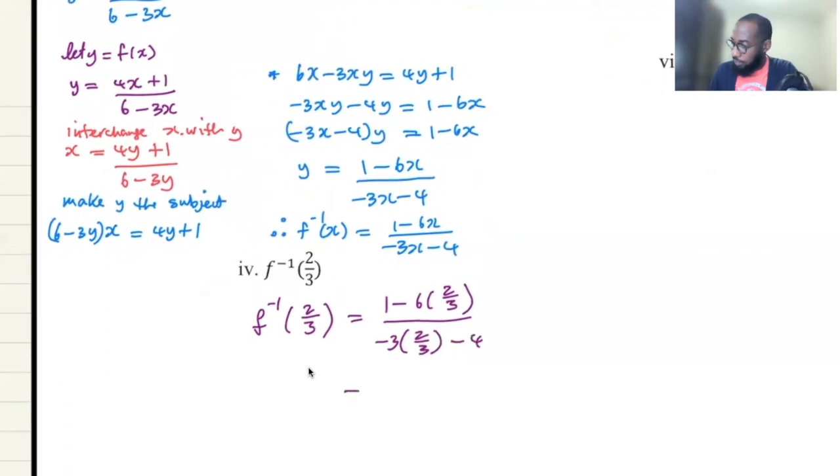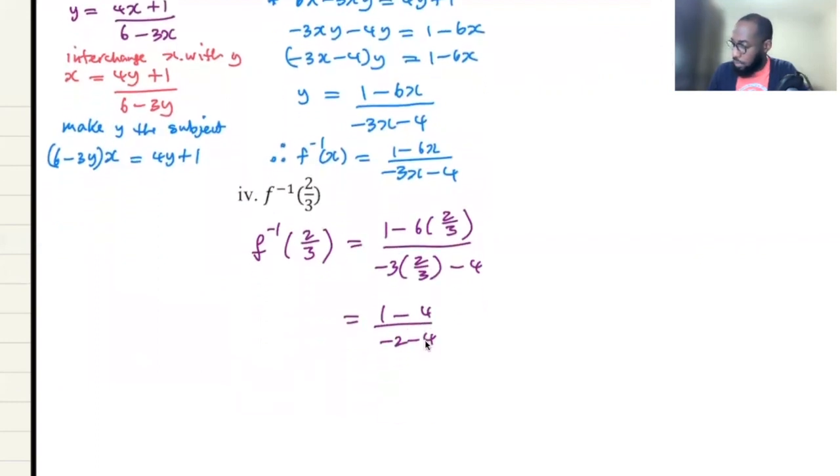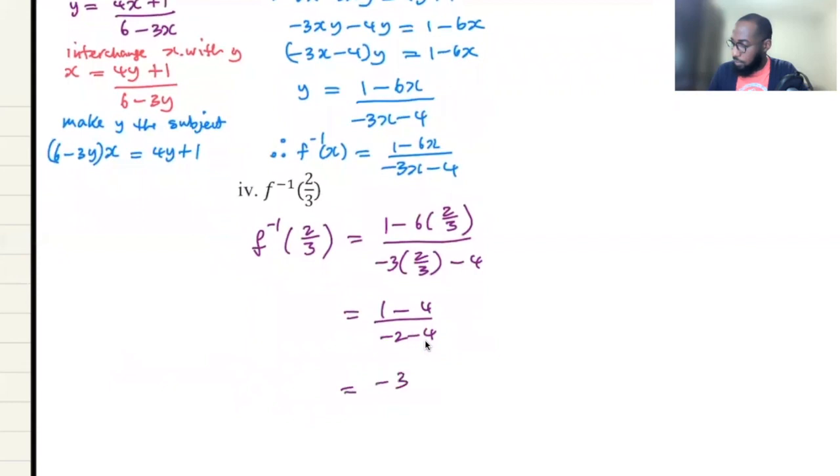If I simplify that, 1 minus, 3 into 6 is 2, 2 2s are 4, divided by -2 minus 4. I'll end up with -3 divided by -6, which is a half. That is f inverse 2/3, right?